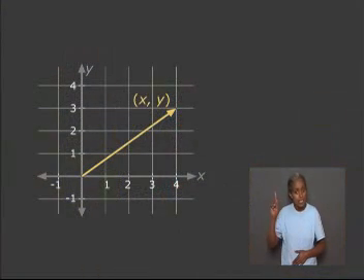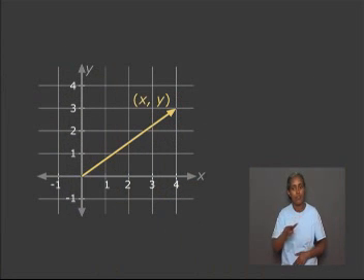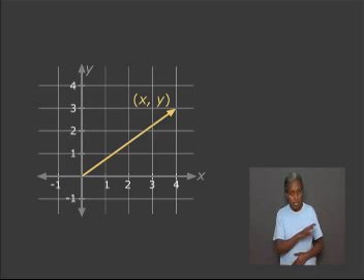This is a graphical representation of a vector. This vector is called v. Its initial point is on the origin, and its terminal point is located at x and y.